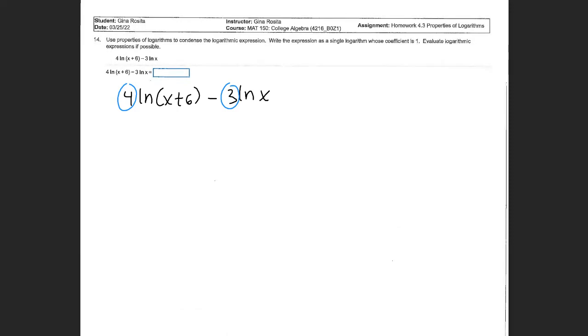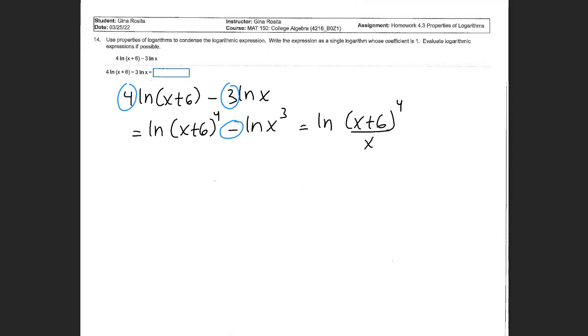So, equal natural log of x plus 6 to the fourth minus natural log of x cubed. That's right. Remember, this is subtract now. It means quotient. Yeah. So I can write it as natural log of x plus 6 to the fourth over x cubed.